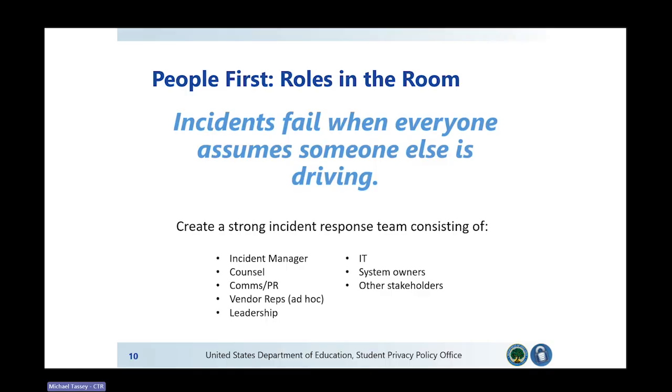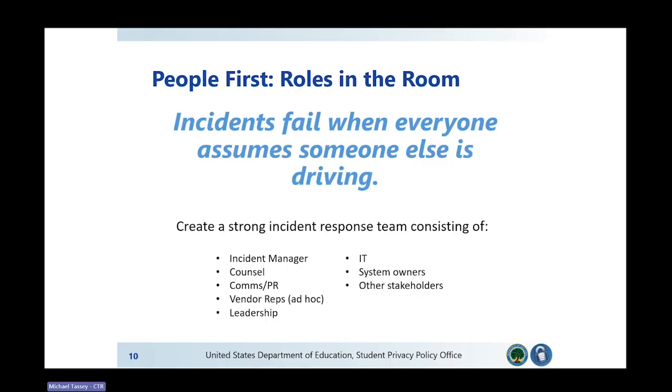Now, the core might be things like, of course, an incident manager, your legal counsel, communications and PR, because messaging is always important no matter what the incident is, and leadership. That might be a good start to a core of your incident response team. And your ad hoc team members might consist of things like your vendor representatives, like the points of contact at each of those outsourced vendors or partners.